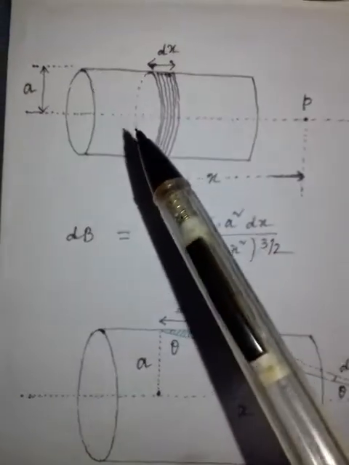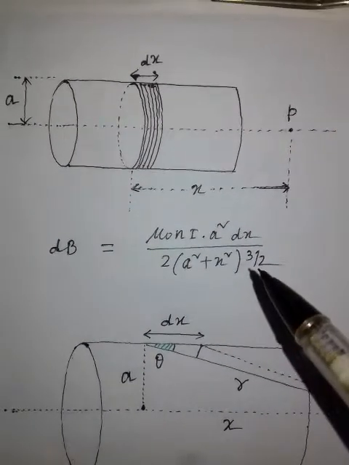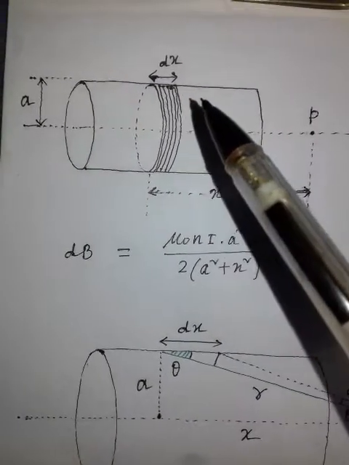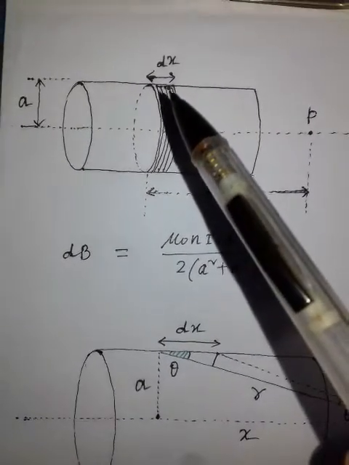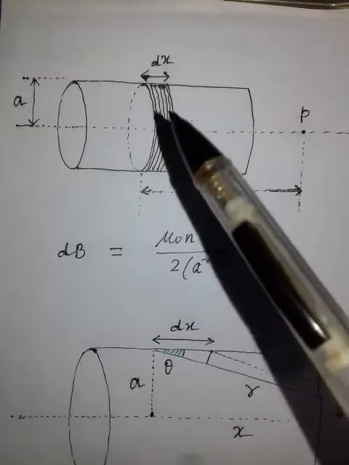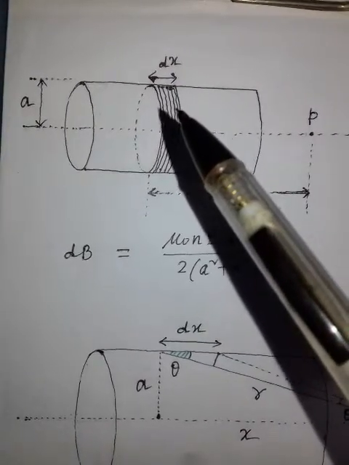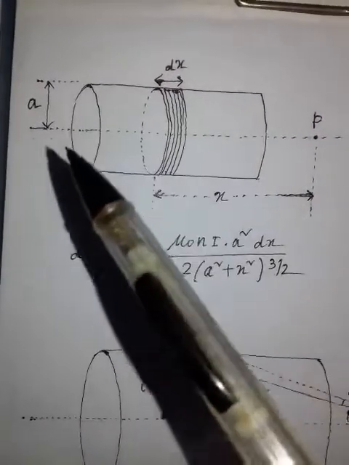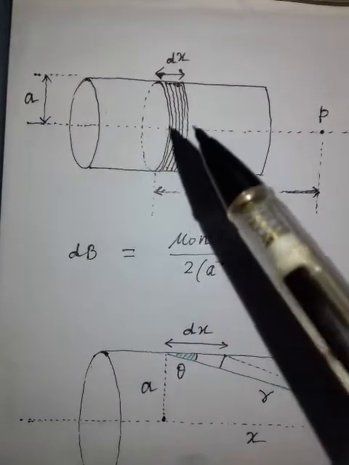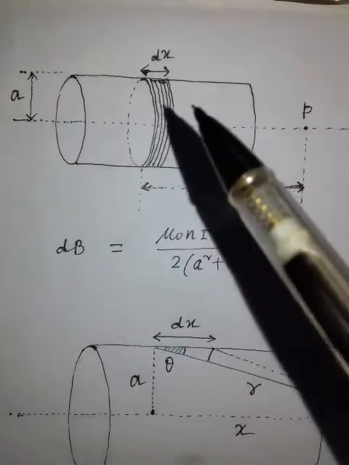We are going to find out its magnetic field at an axial point P. For this, let us consider an elementary portion dx of the solenoid. Then this elementary portion will correspond to a circular ring of radius a and having corresponding current ni dx in it.